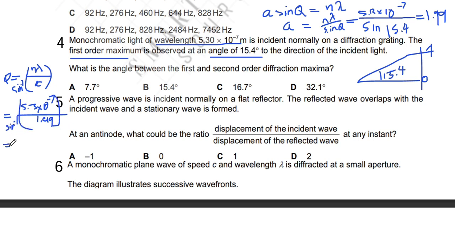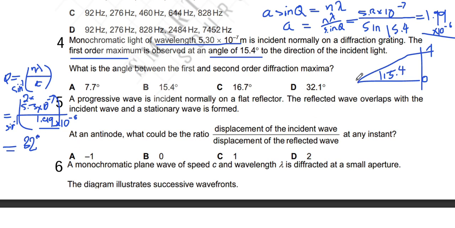If we put these values correctly, the maximum is 2, the lambda is 5.3 times 10 to the power negative 7 as given, and the slit separation we found was 1.99 times 10 to the power negative 6. If we insert all these values, we will get a value of 32 degrees.